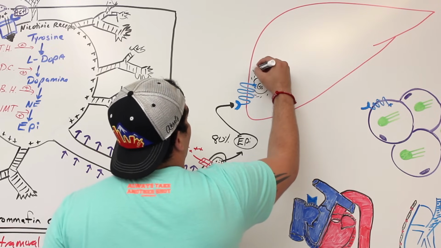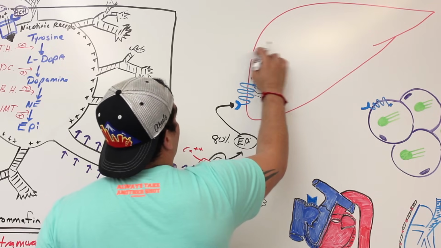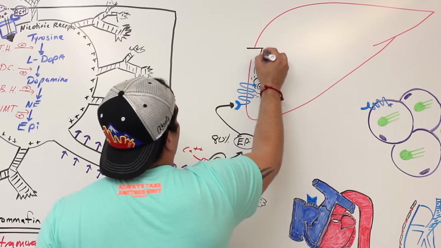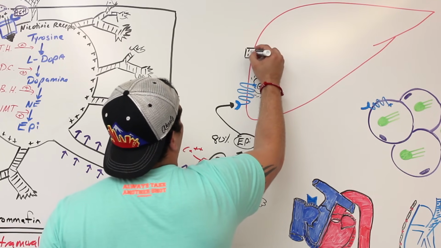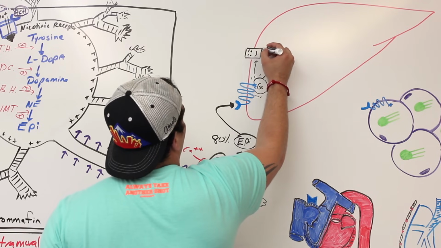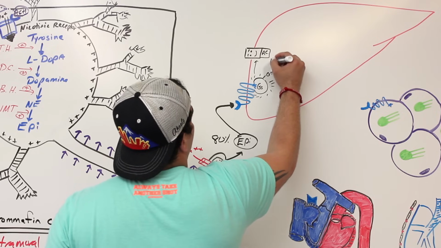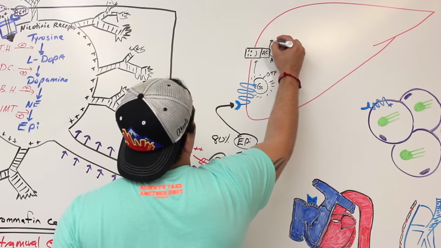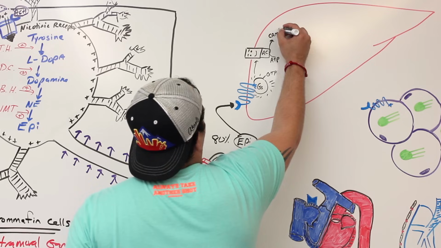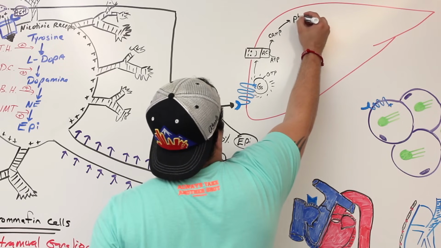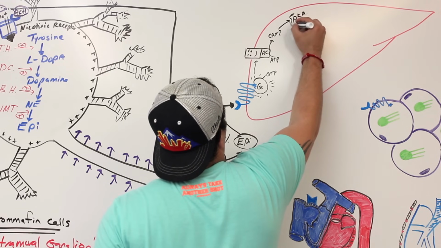Then it goes over and activates a specific type of effector enzyme. This effector enzyme, which is embedded into the cell membrane, what's its name? Its name is adenylate cyclase. It converts ATP into cyclic AMP, and then cyclic AMP is going to activate protein kinase A.